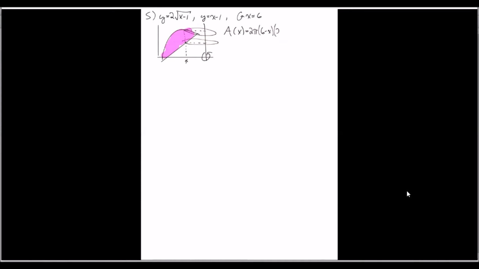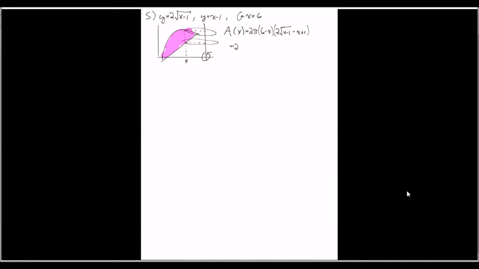So we've got 2 square root of x minus 1, and then our linear term, because we're subtracting it, that's why the sign switched. Then we can start trying to find this volume. Before I do that, let me simplify this.